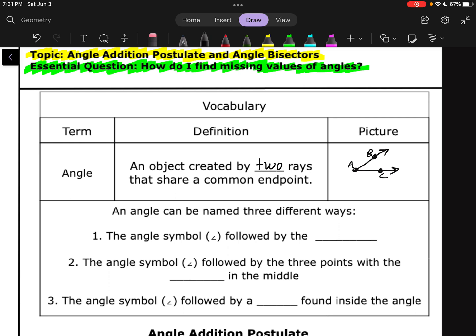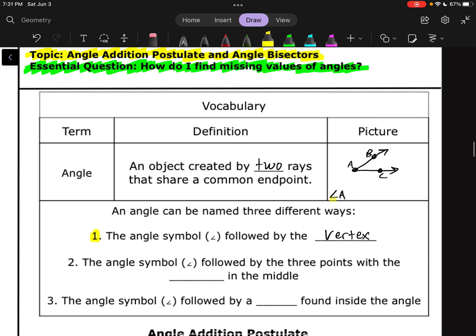Now, an angle can be named three different ways. We can put the angle symbol followed by the vertex. In our picture, that would be angle A, since the vertex is A. We could also do the angle symbol followed by the 3 points with the vertex in the middle.